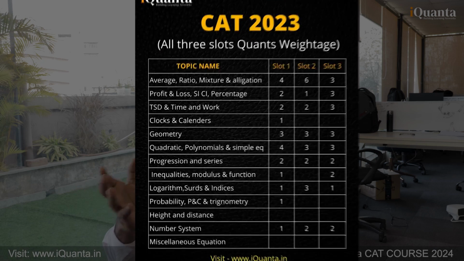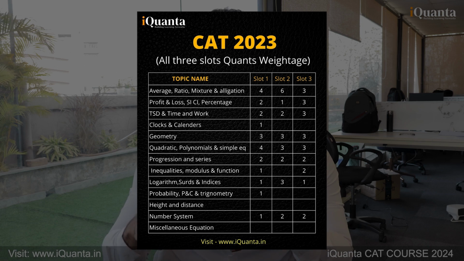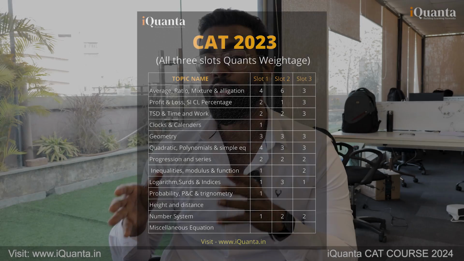So let's say out of 10, 12 easy questions, if you can figure out the 8 easy questions, then it is not a very big task for you because you already understood the easy questions. Decision making is something you need to understand in the Quant section, and in overall CAT too. It's not just maths questions, it's a decision making skill also. You need to understand which one you have to solve and which one you have to leave.